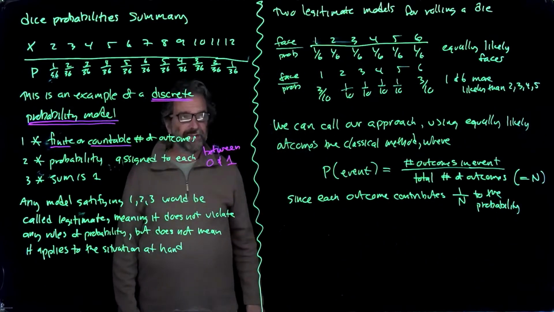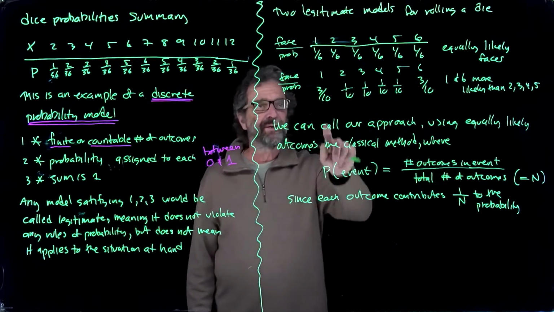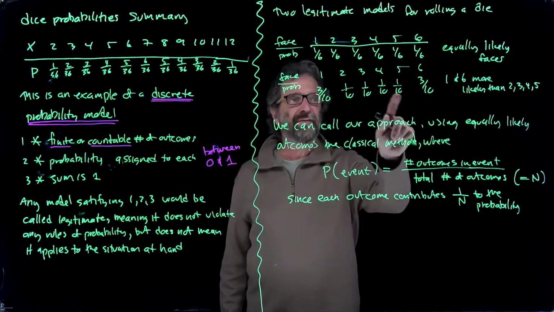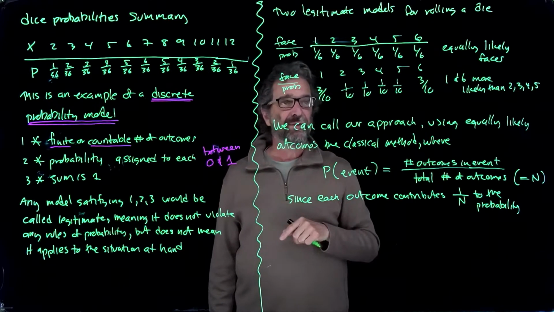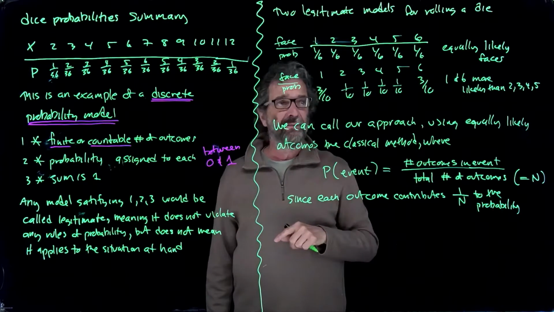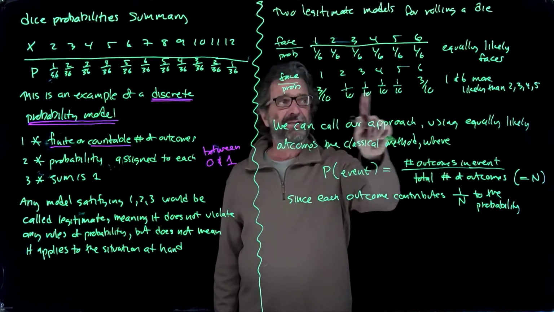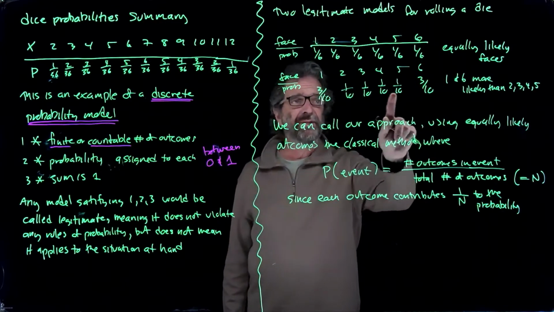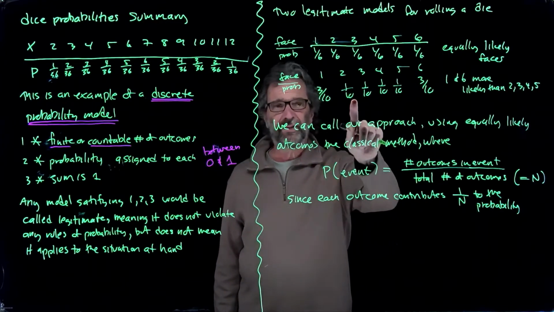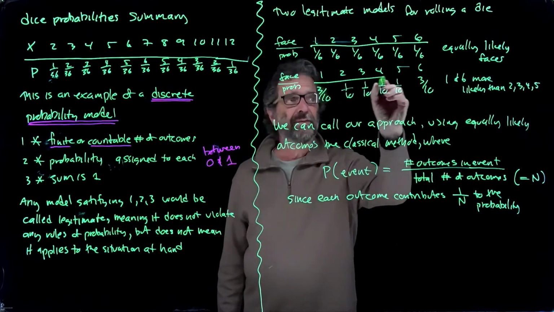But you might be able to design a die that comes up a 1 or a 6 a lot more likely than 2, 3, 4, and 5. One way to do that would be to assign probability 3/10 to these 2, and then 1/10 to these, so that the total still becomes 10/10 or 1. And that would be legitimate too.